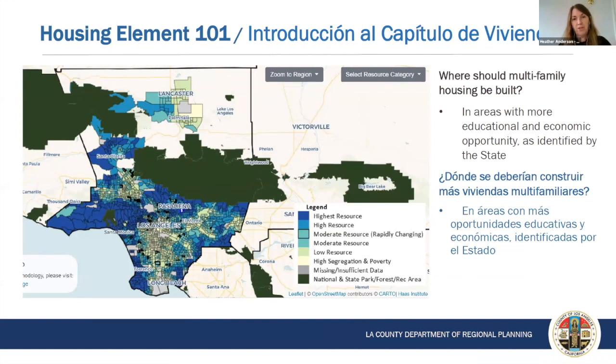In all of the criteria that we use, we weighted some criteria heavier than others. The two criteria that we weighted the most heavily were whether the parcels were highest resource and high resource, as well as the parcels that were not burdened by environmental pollution.